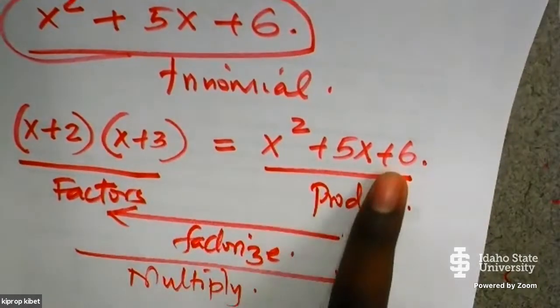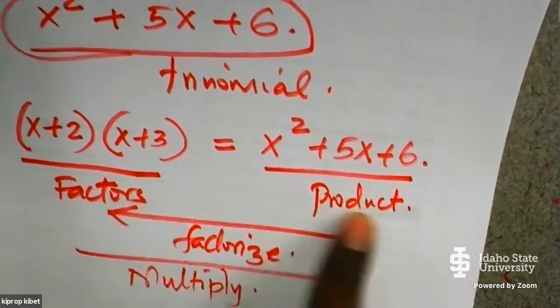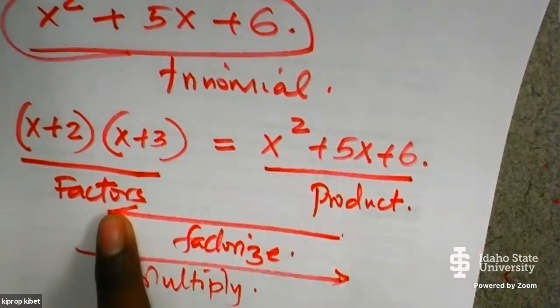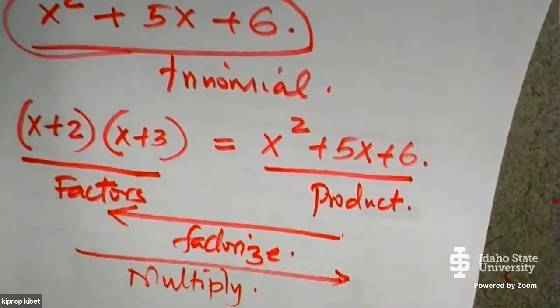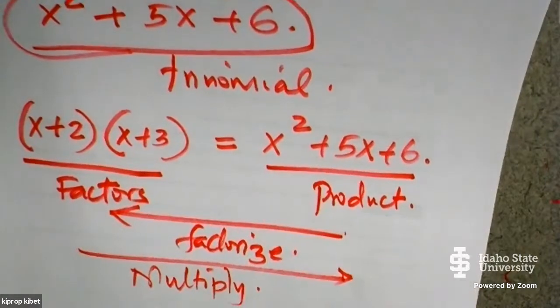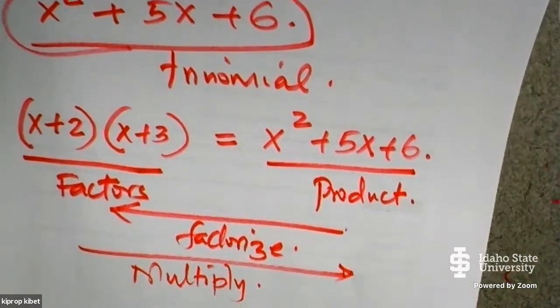So to get the factors, you factorize the product, and to get the product, you multiply the two factors.